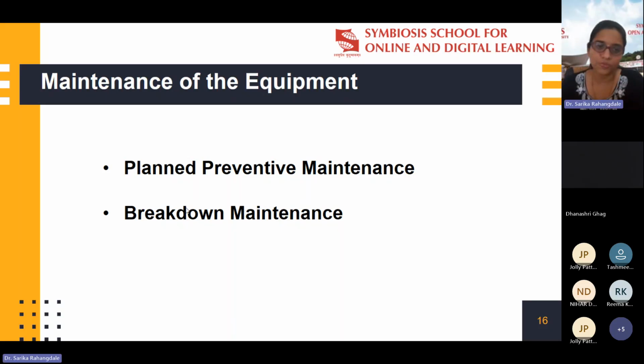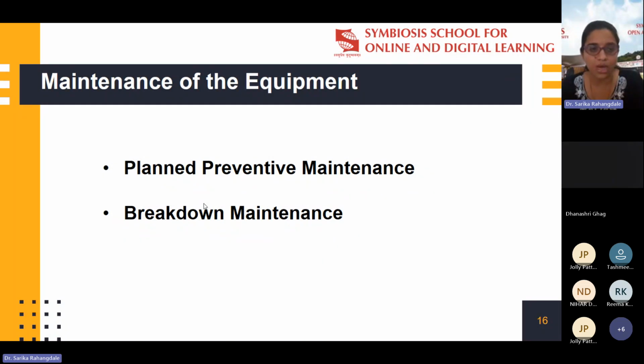So you have to observe in that hospital how the biomedical engineering department is functioning and how frequently they are doing the maintenance, because there is usually a separate department in the hospital for biomedical equipment. Also observe their insurance plan, how the contract is renewed, and how the technical document is reviewed by the technical person.